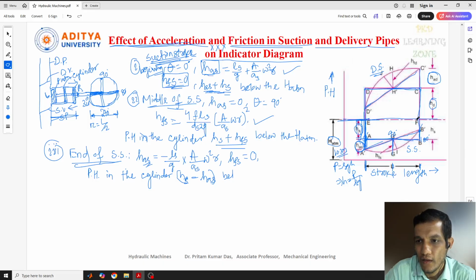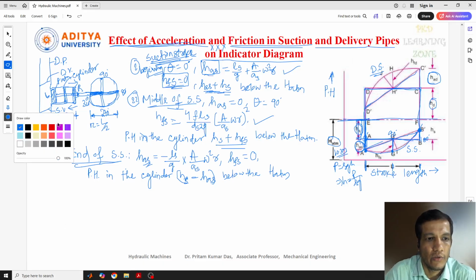This is the total height, HS. Now here HAS is going to minus, so if you do the minus, you'll get this value. So this is the first starting point, this is the ending point, and the second point, the middle point, we got this one. If you join these, we'll get a curve like this. So this is also below the atmospheric pressure head. This is all about the suction stroke.